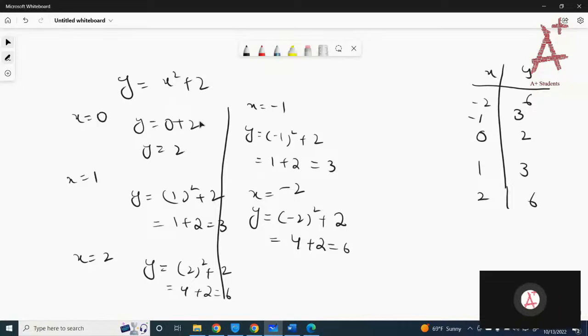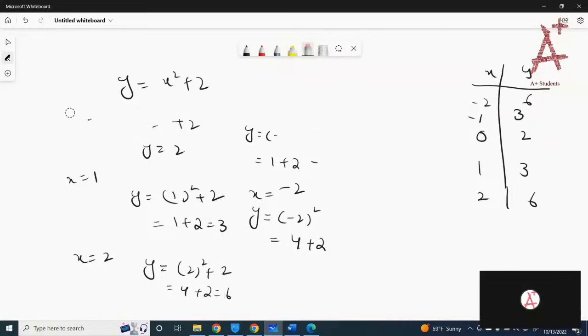Okay, let me just plot the graph, and then we'll find the rest of the values from the graph.